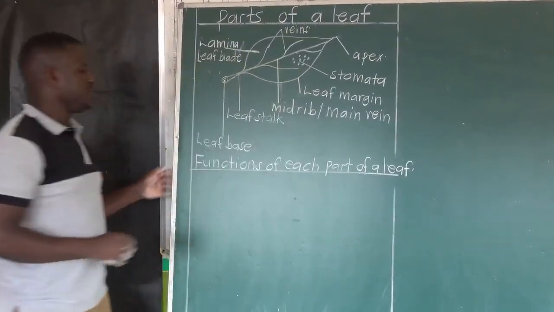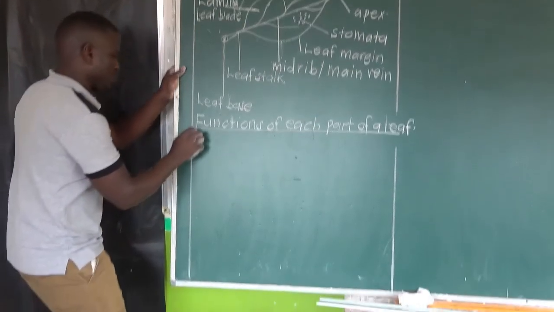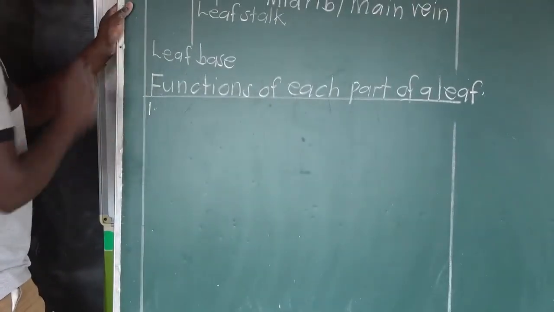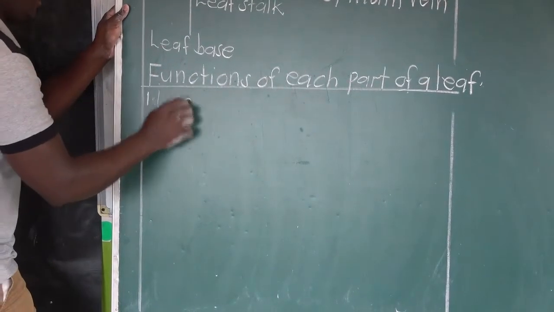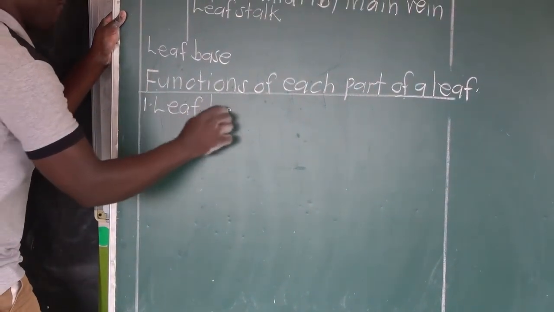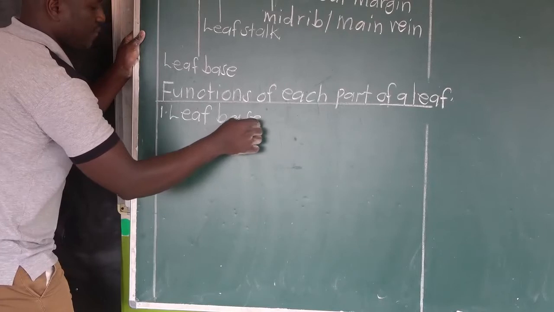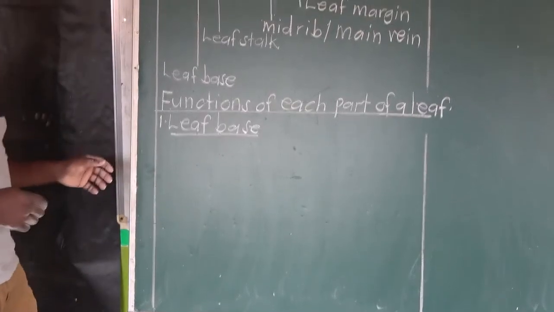So, the first part you want to look at is the leaf base. You underline it.